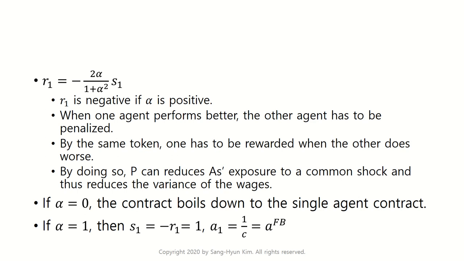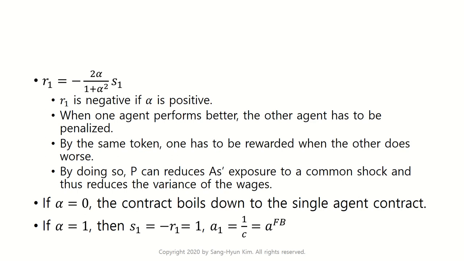Because the principal is providing a better insurance, the agent is more willing to take the offer from the principal. So the principal now has room to increase the strength of incentive. Now the principal can give a stronger incentive to the workers as well. Okay, that's what's happening here.